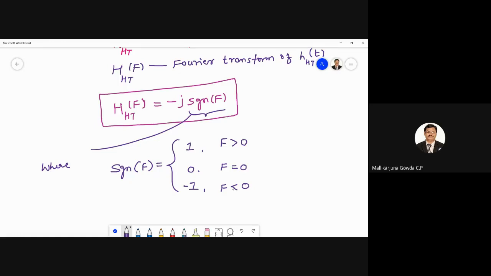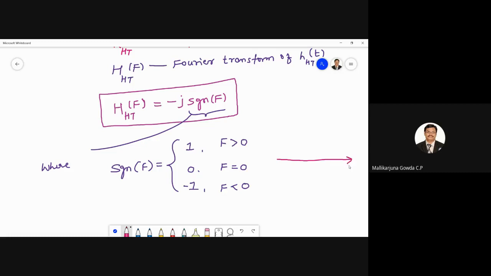So this is a mathematical representation, right? How do I represent this graphically? Graphically means what?